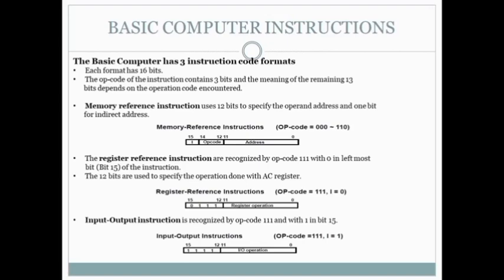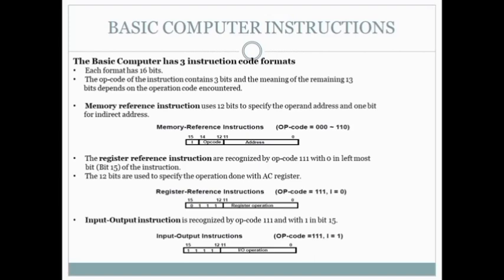It uses 12 bits to specify the operand address and 1 bit for indirect address. Bits 0 to 11 hold the address, and bits 12, 13, 14 hold the opcode, as you see in the picture below the definition.